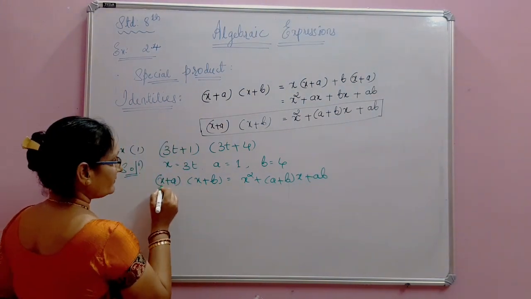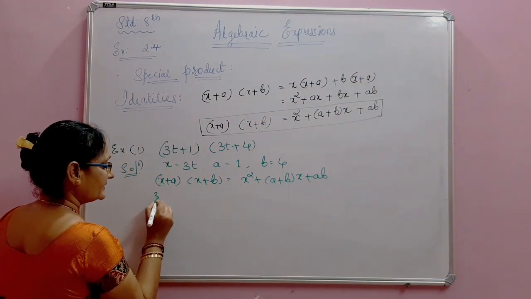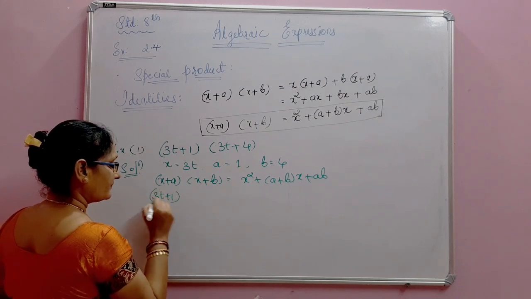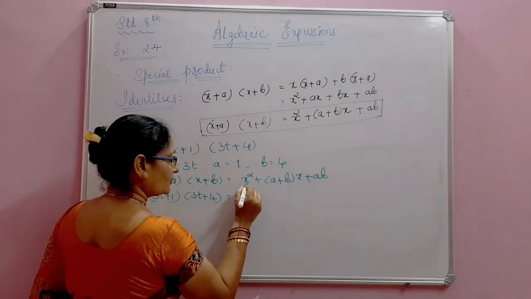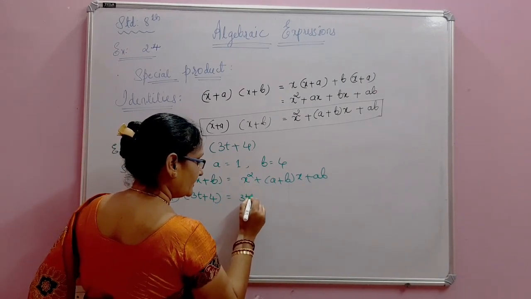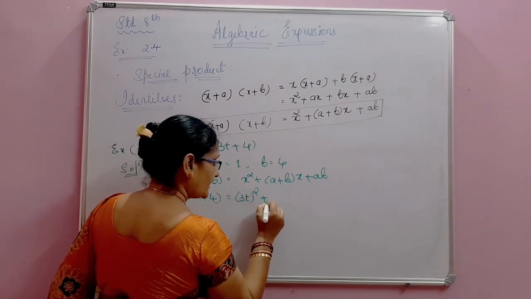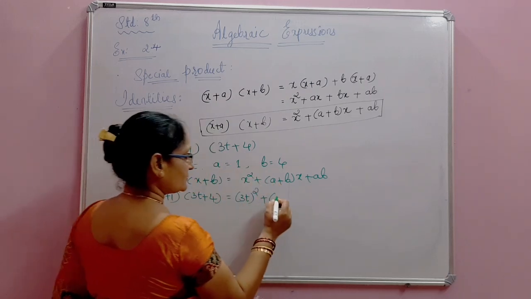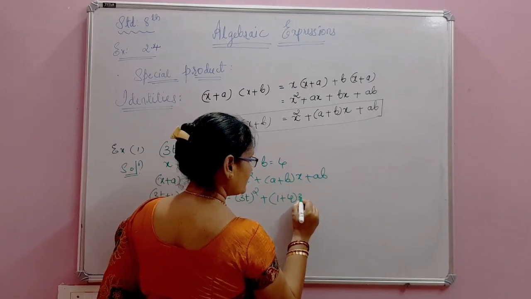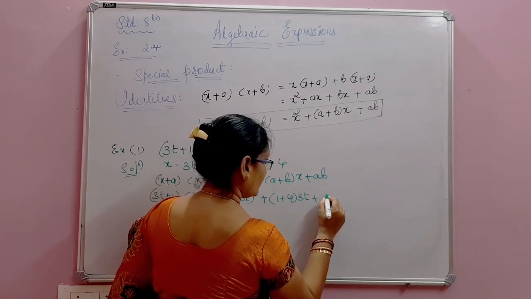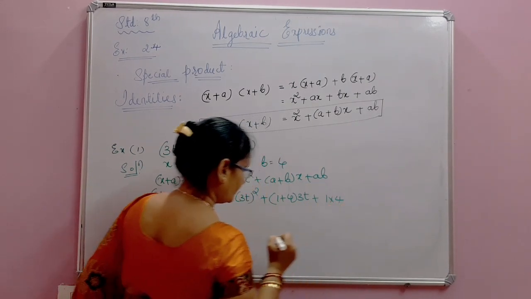Now in place of x, 3t plus 1, 3t plus 4 is equal to, in place of x, (3t)² plus, in place of a, 1 plus 4, into bracket 3t, plus 1 into 4.